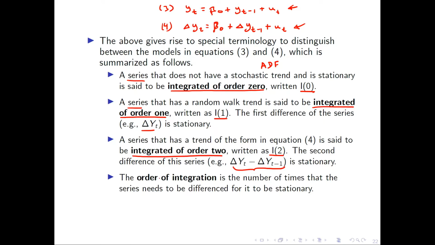So the order of integration is just the number of times you have to difference a time series for it to be stationary. But it's really important to know that you should not difference a stationary series, because then you can induce a so-called moving average process into your differenced time series.